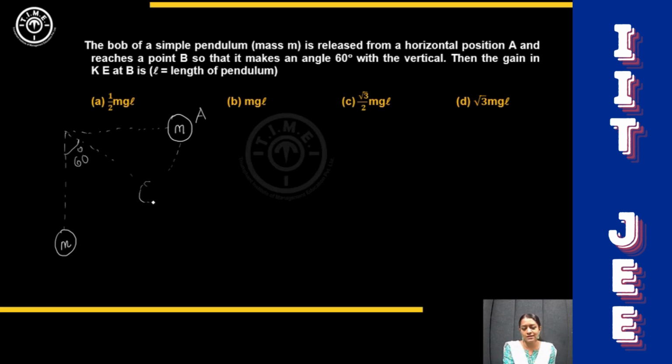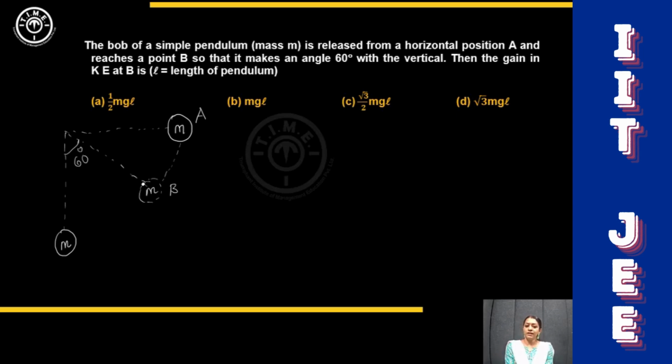So let us consider this intermediate position as B. When the pendulum bob reaches point B, the rod of the pendulum is making an angle 60 degree with the vertical. So this is the case mentioned in the question.